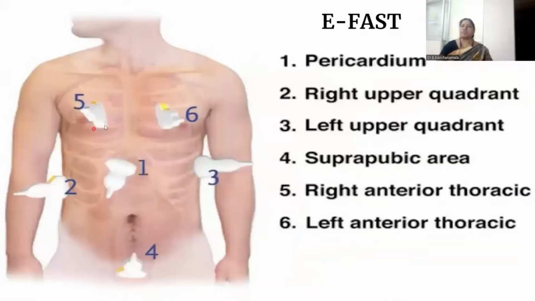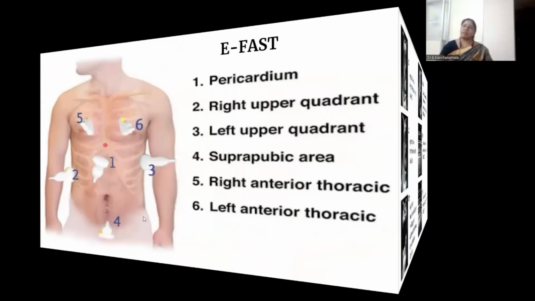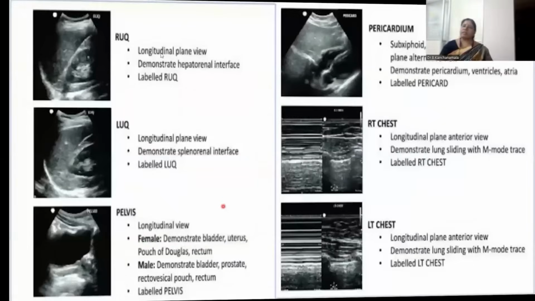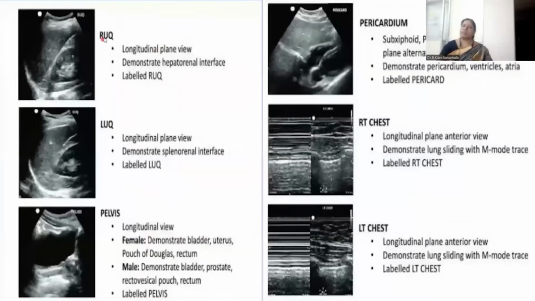So eFAST, as you all are aware, has 6 areas where we focus. First is the pericardial scanning, then the right upper quadrant, left upper quadrant, the suprapubic area, and the right anterior thoracic and left anterior thoracic areas. We interpret the findings as follows: from the right upper quadrant, it is the hepatorenal interface, labeled as RUQ.